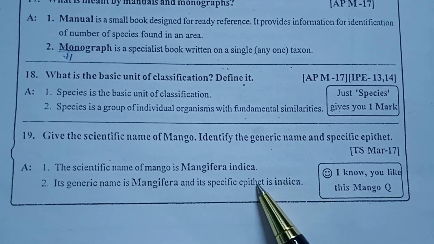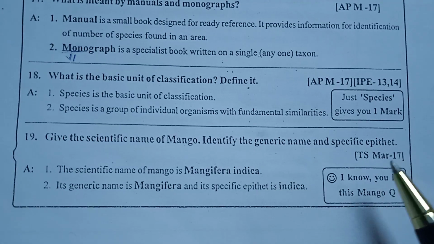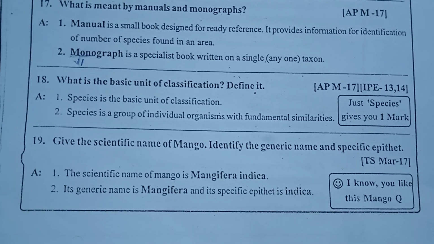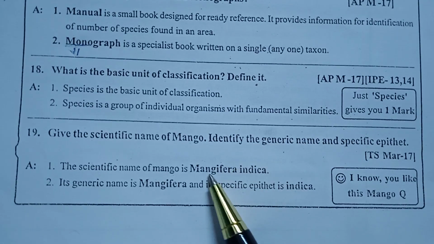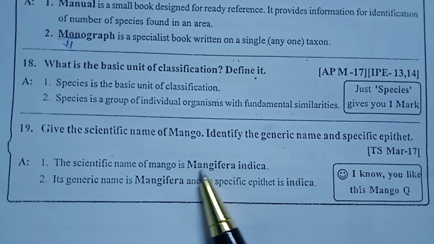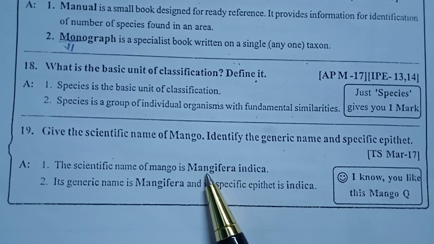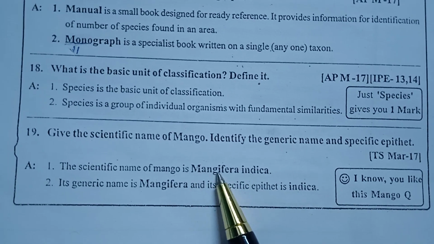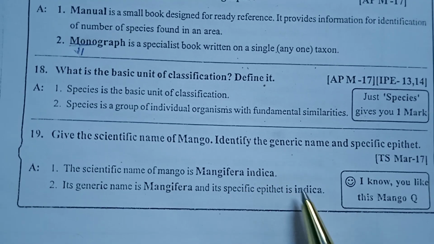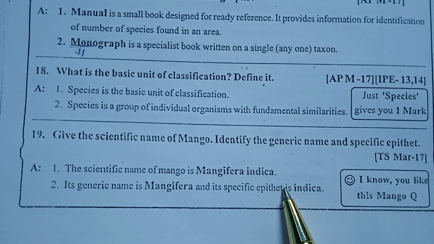You have to identify how we can identify the generic name and specific epithet between the two names. So I will tell you that the first name in a scientific name is called the generic name and the second name is called the specific epithet.